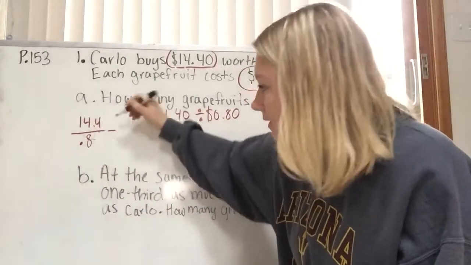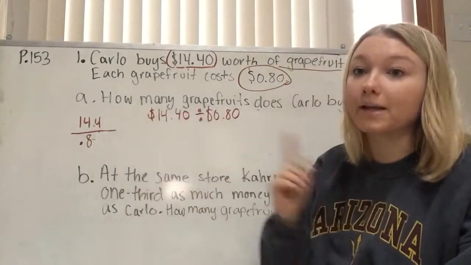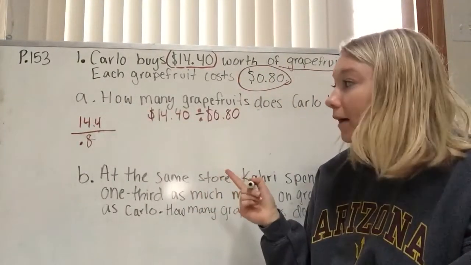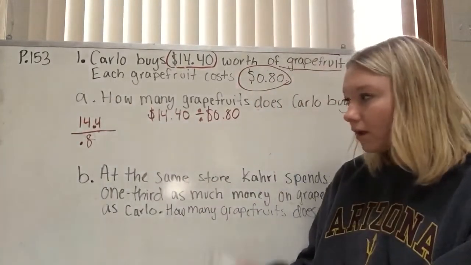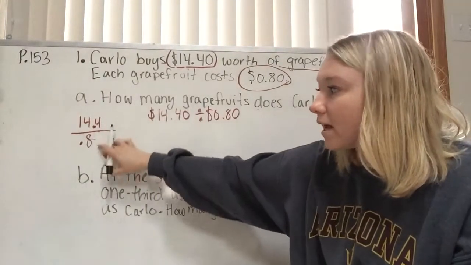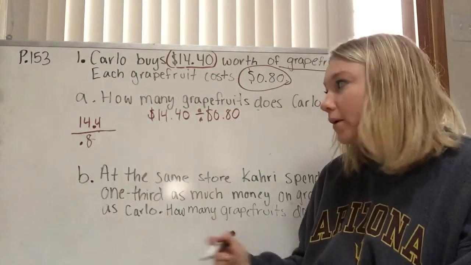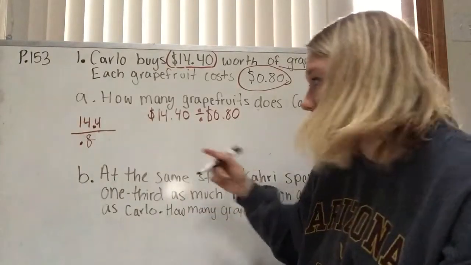If I kept that 0 on, I might confuse myself and multiply the top and the bottom by something. I need to multiply the top and the bottom by something to get rid of these decimals. And now that the zeros are gone, I know that there's only something in the tenths place. So I'm going to multiply the top and the bottom by 10.